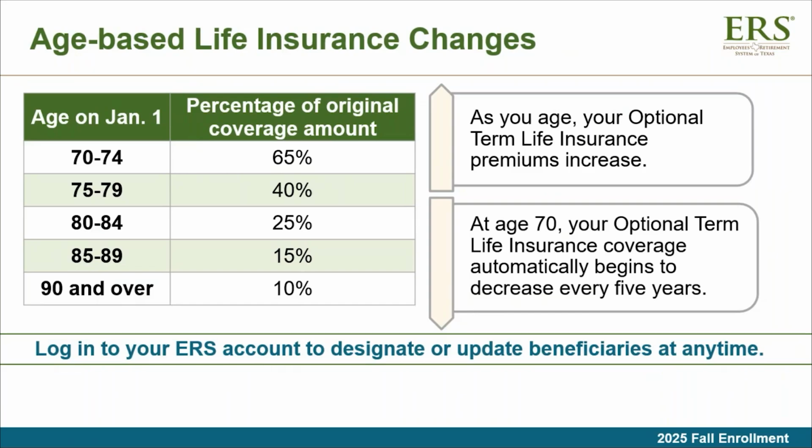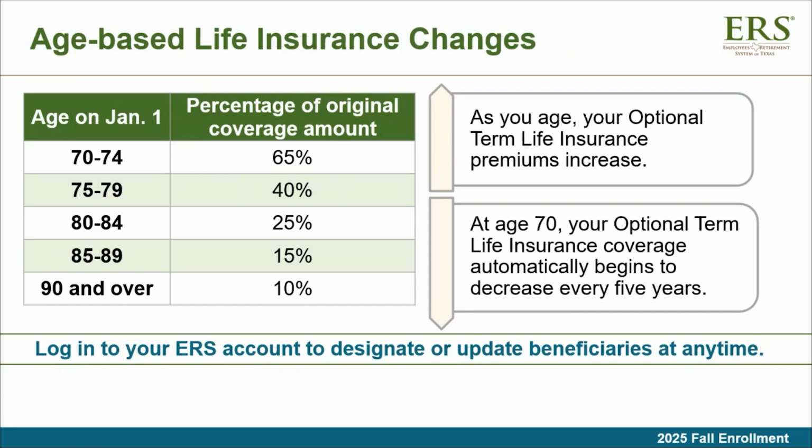Your birthday is not until January the 2nd of next year. So you won't see a change in this upcoming fall enrollment, but you will see a change next fall enrollment because you're going to be at the age of 70. And in that personal benefits enrollment statement that you receive, it will tell you what that new amount is going to be because of that age change.